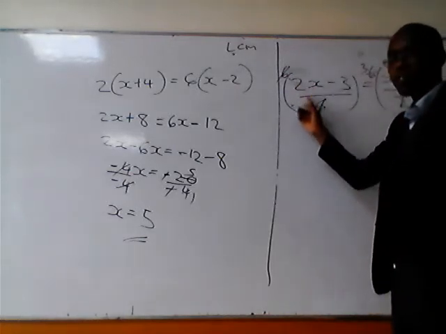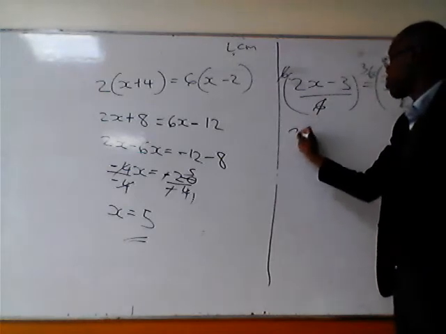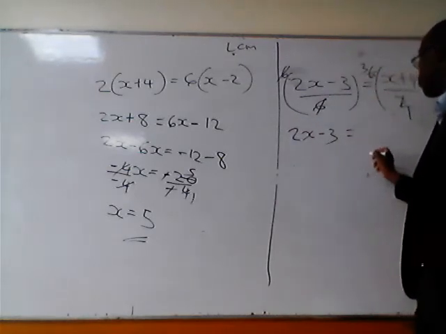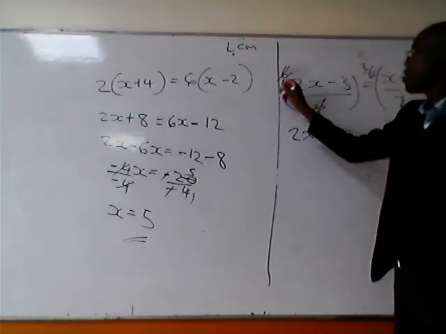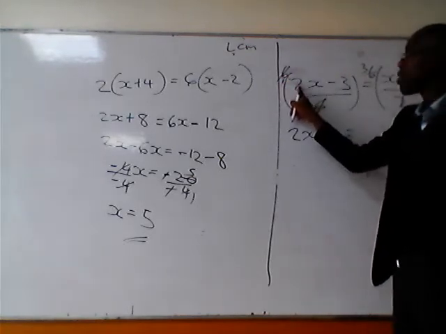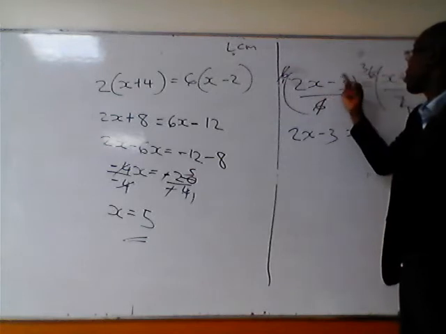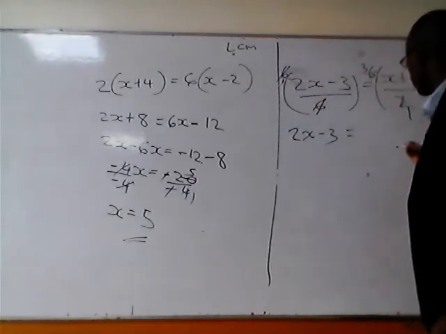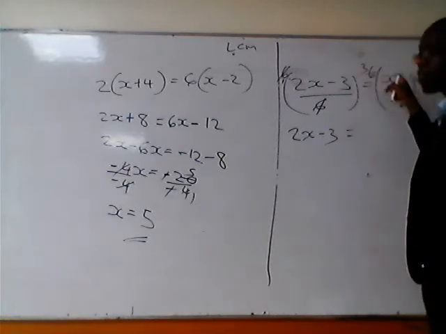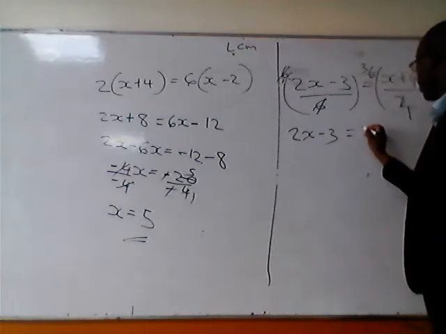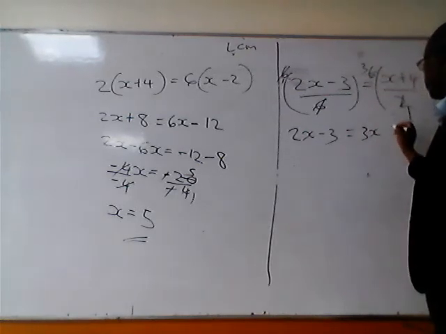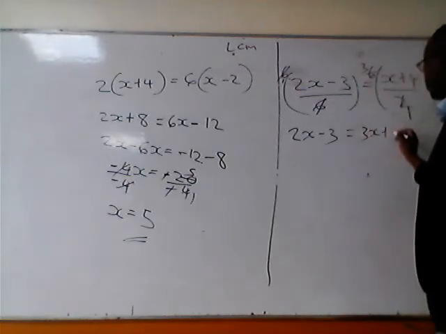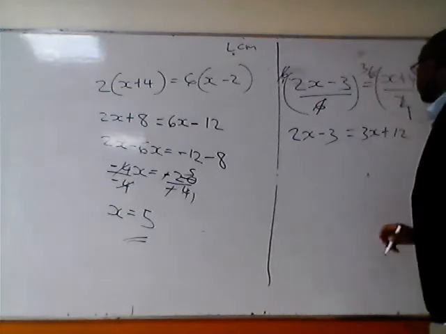In the first equation here is going to be 2x minus 3 is equals to, because now it remains 1. 1 times 2 is going to be 2x. 1 times negative 3 is going to be minus 3, is equals to 3 times x, which is going to be 3x plus 3 times 4, which is going to be plus 12.